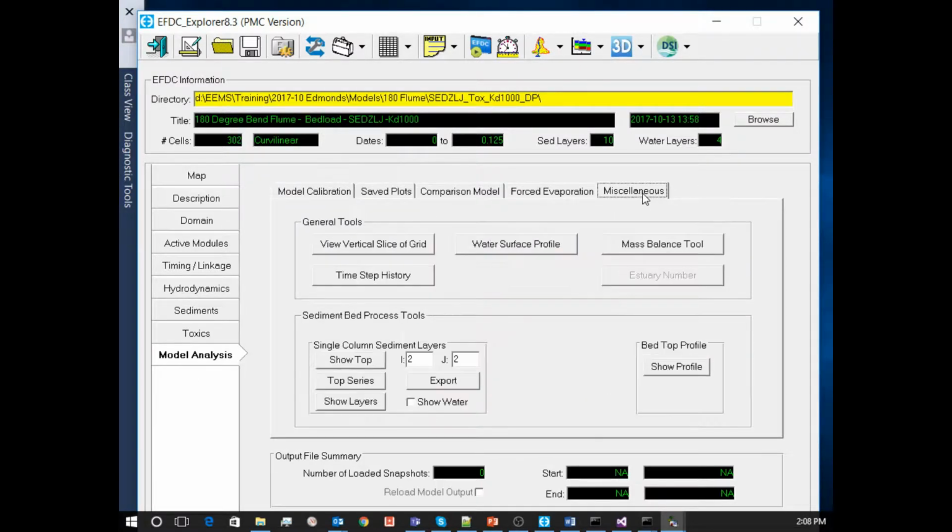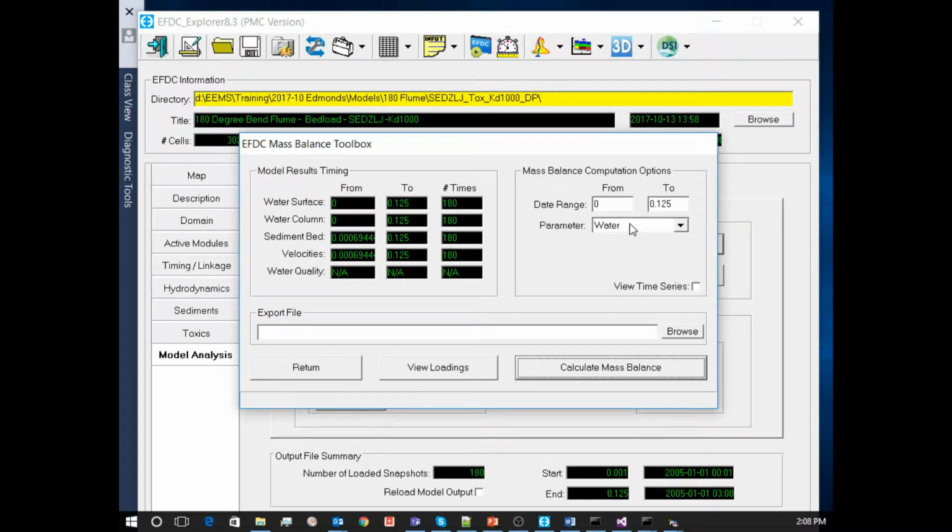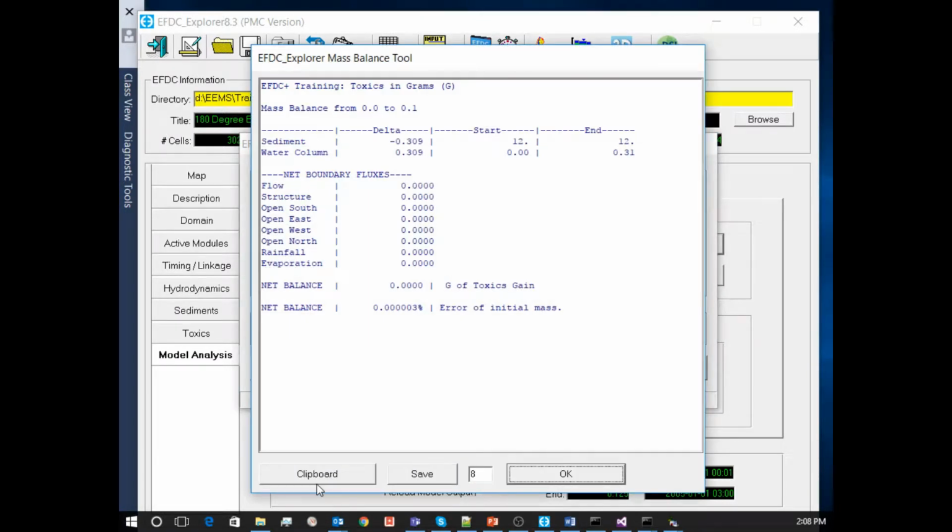Mass balance. Look at toxics. View the time series. Calculate. Now that's more like it. I mean, mass balance sediments, mass balance toxics, but if you really want this precise of a mass balance, you've got to run double precision.